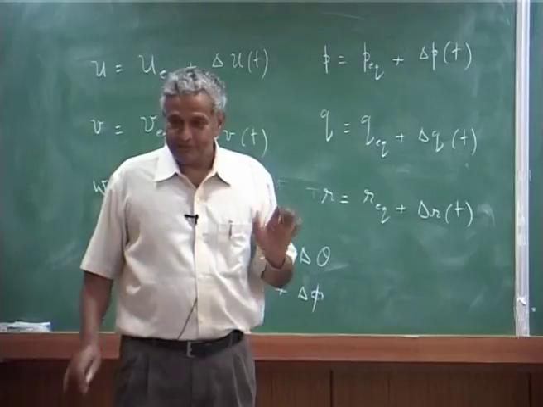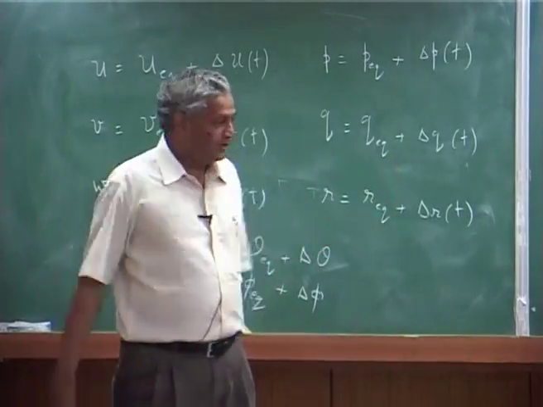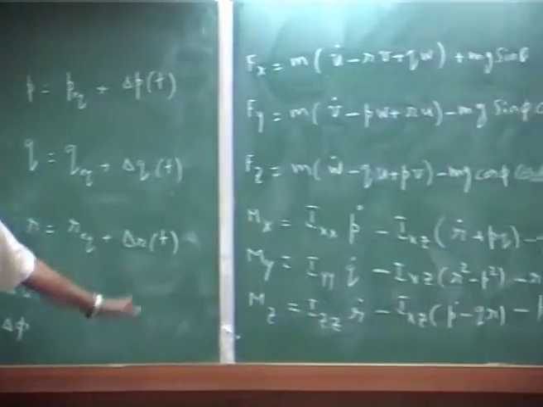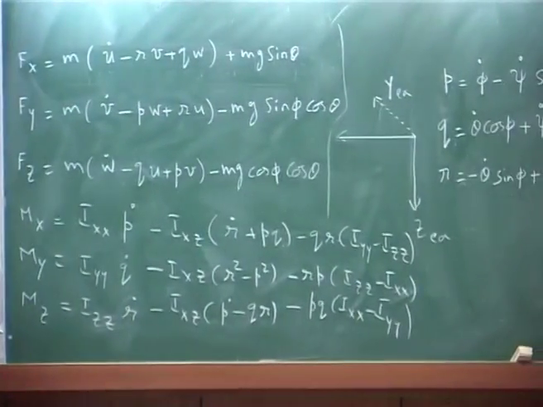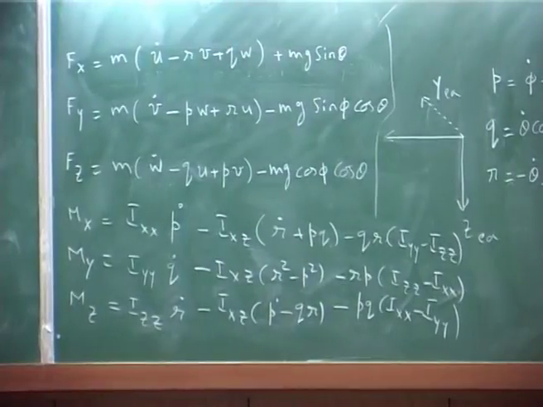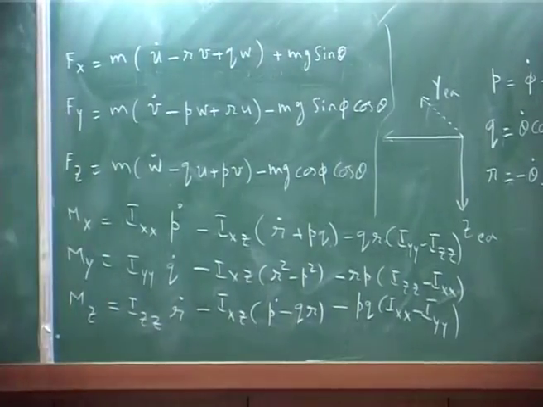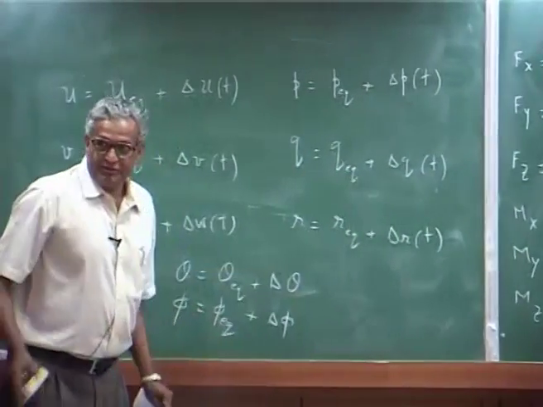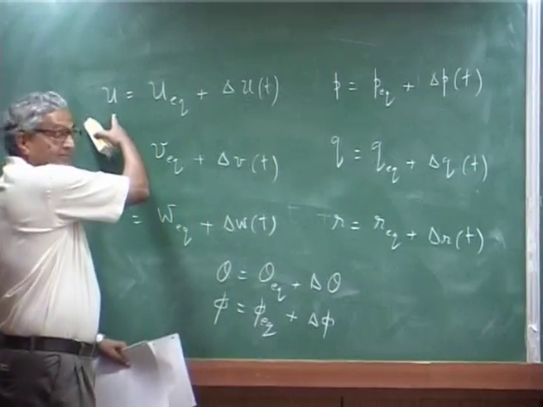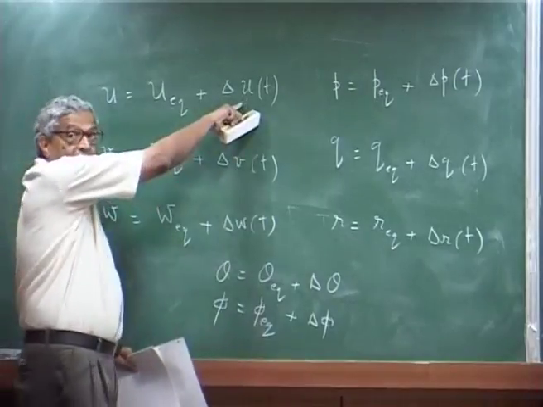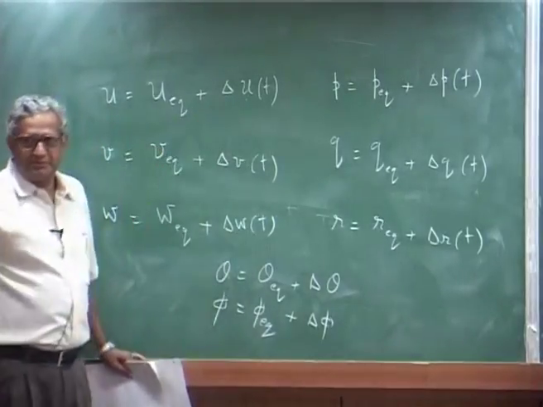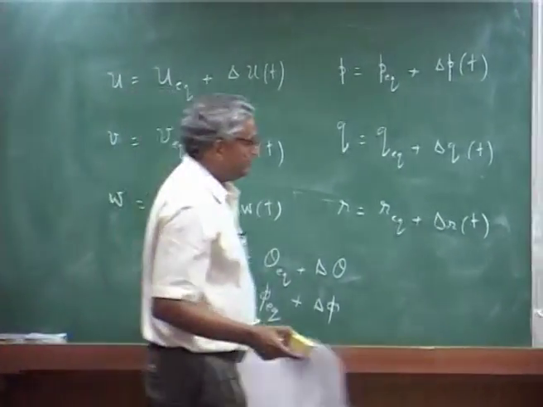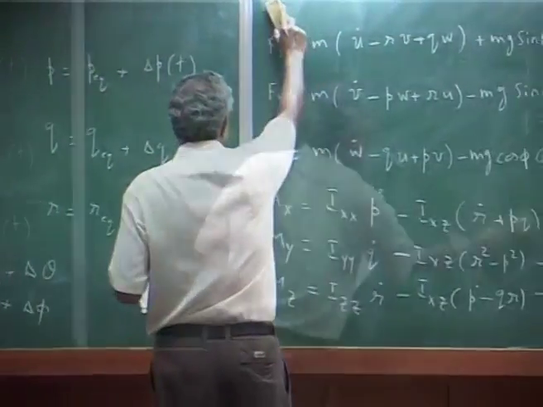First you split, and when you split you will write the equilibrium equation. So, I will just write that equilibrium force equation. You substitute here, then take. When I take u dot, that means it is only delta u dot, u equilibrium is a constant value. Now, I can write my equations.